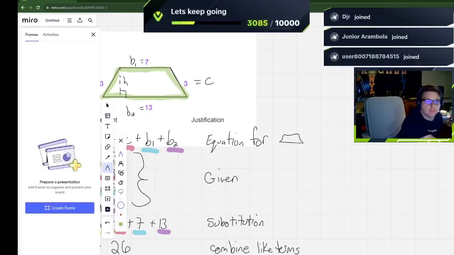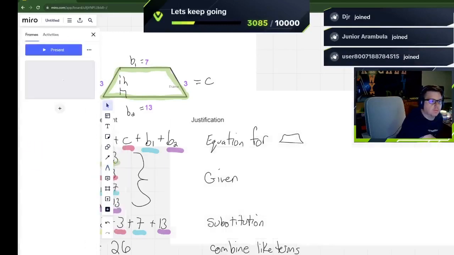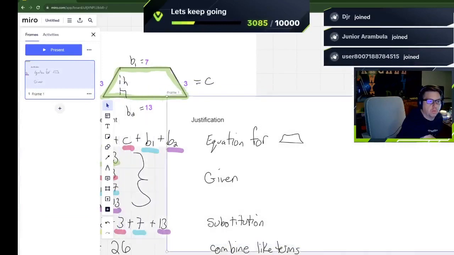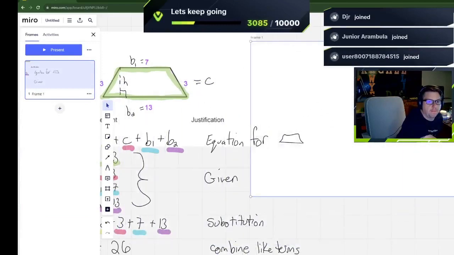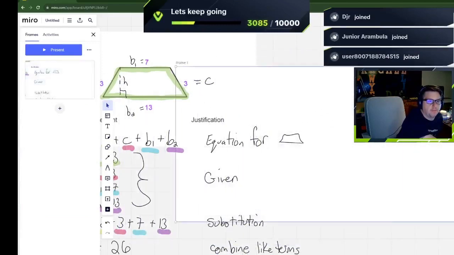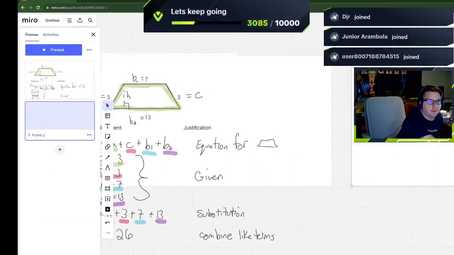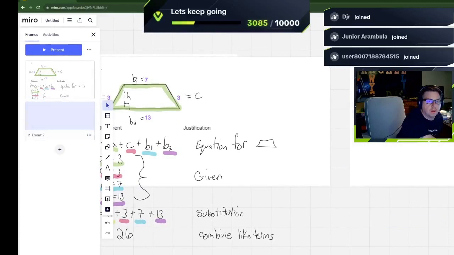Create a frame. Okay. Add a new frame? Oh, I see. Okay. Interesting. I don't know what that means.